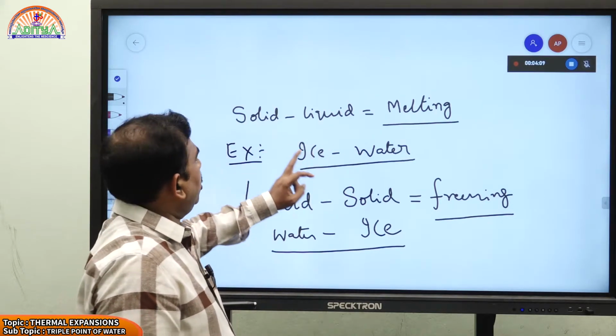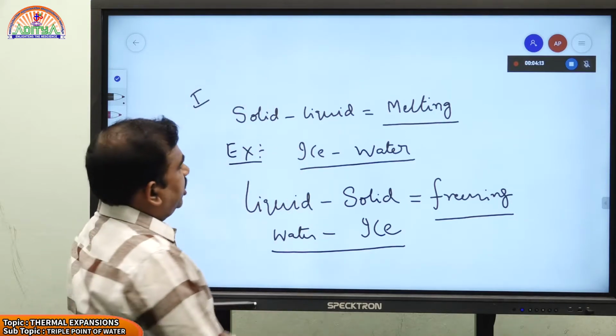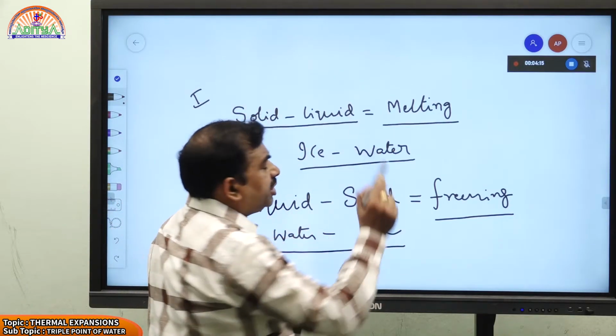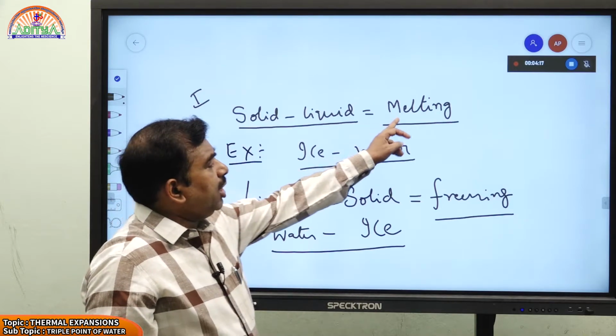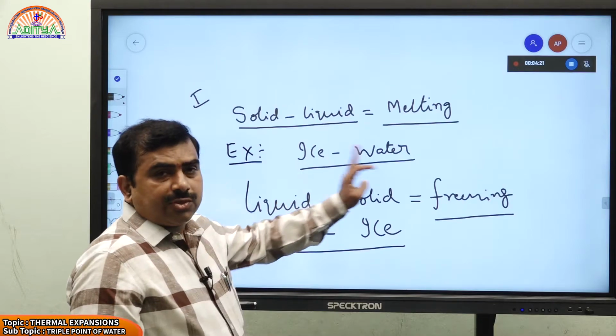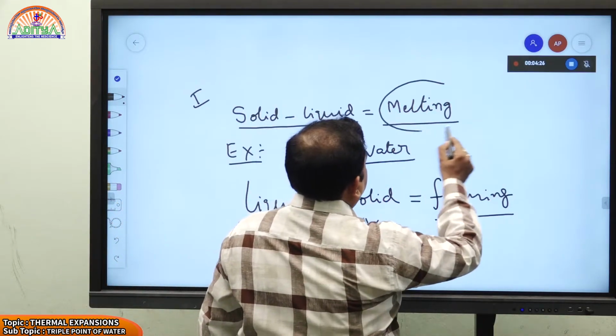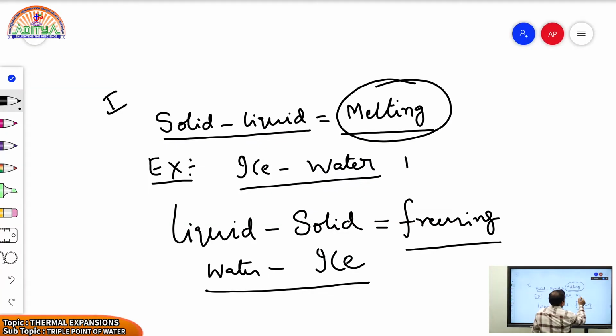This is the first process. In this process, solid will be converted into liquid. Such a process is called melting. And the best example for it, ice is converted into water. Don't forget, during this process, temperature remains constant.